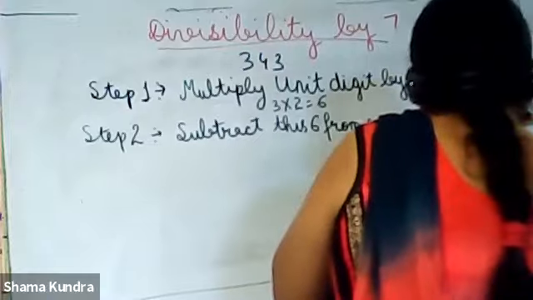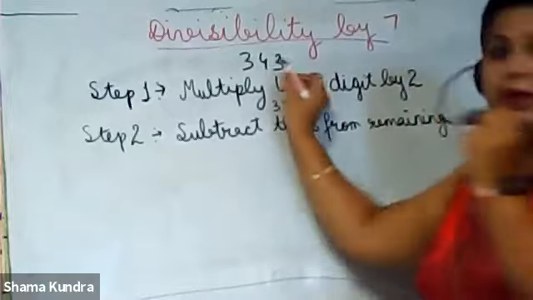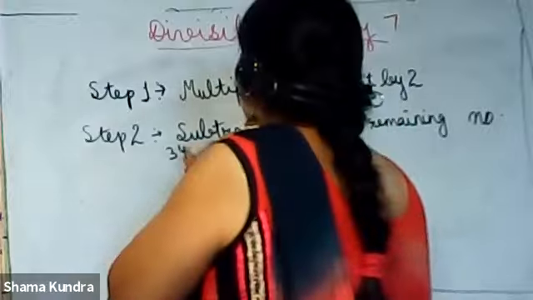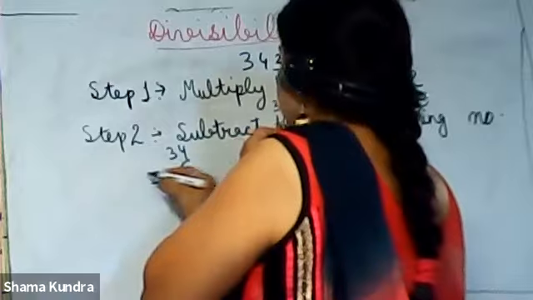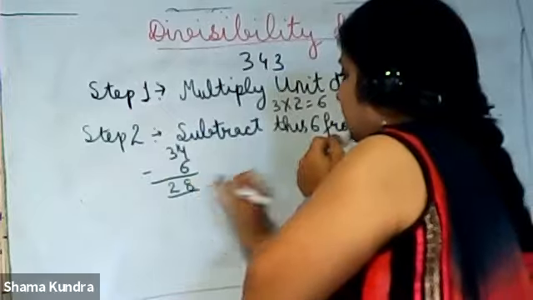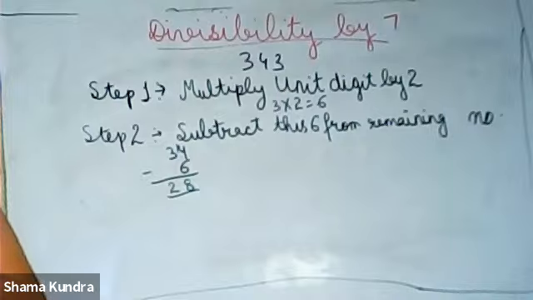Now the remaining number is 34. So subtract 6 from 34. When you subtract 6 from 34, what you will get? 28.